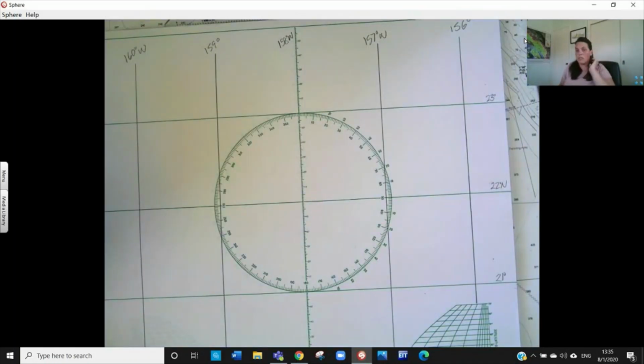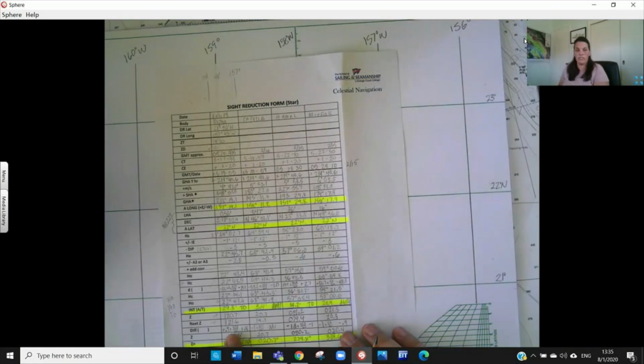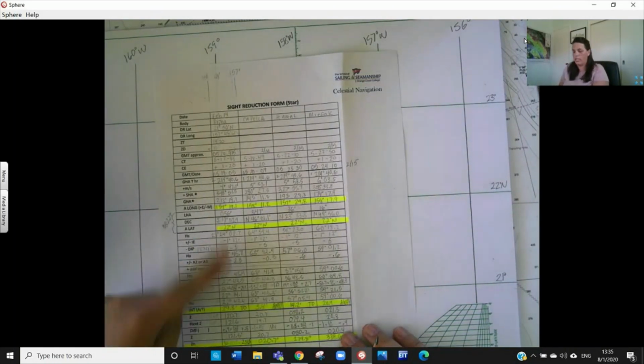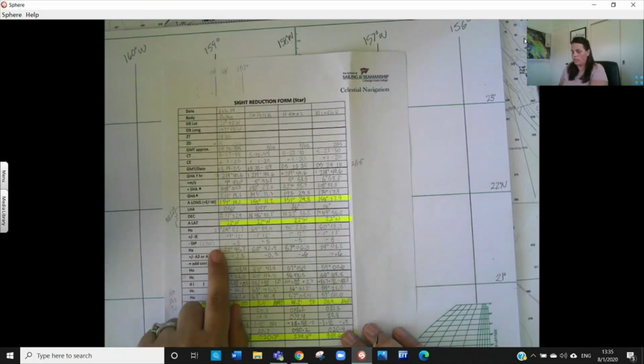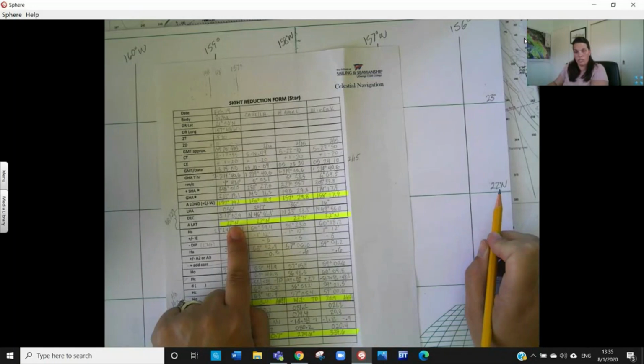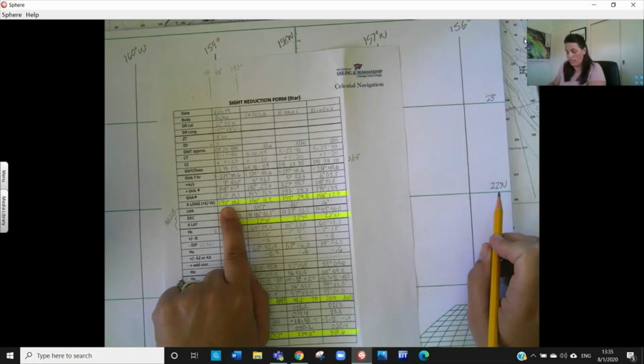Okay, and now I can start plotting. I'm going to plot each one individually. So I'll do assumed position and then plot the LOP for each one individually. Here my assumed position is on 22 north, and my longitude is going to be 157, 19.1.